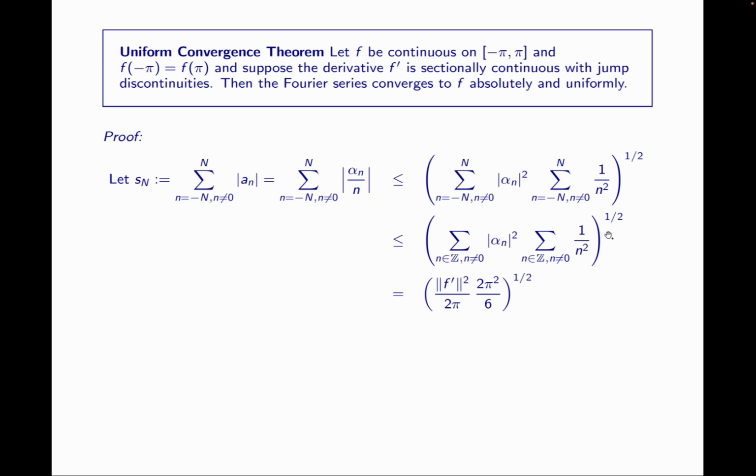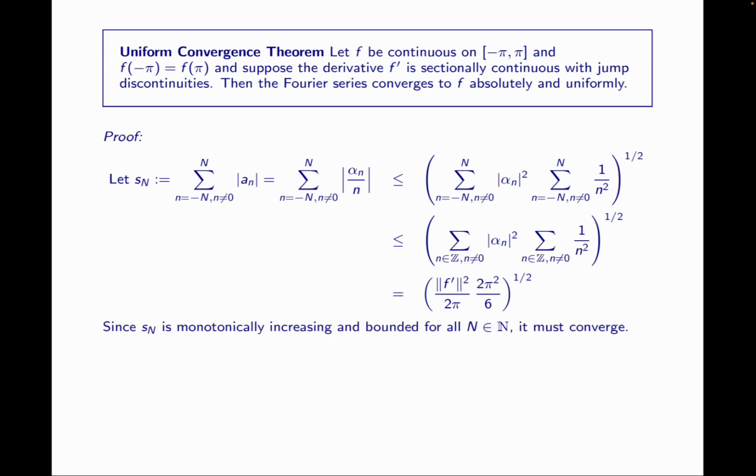And this, we know from Basel's problem, is pi squared over 6 times 2. Times 2 because notice it's double-sided. I'm going from 1 to infinity and negative 1 to negative infinity. But of course, for the negative values of n, I'm squaring it. So I'm getting basically the sum from 1 to infinity twice. So I get 2 pi squared over 6.